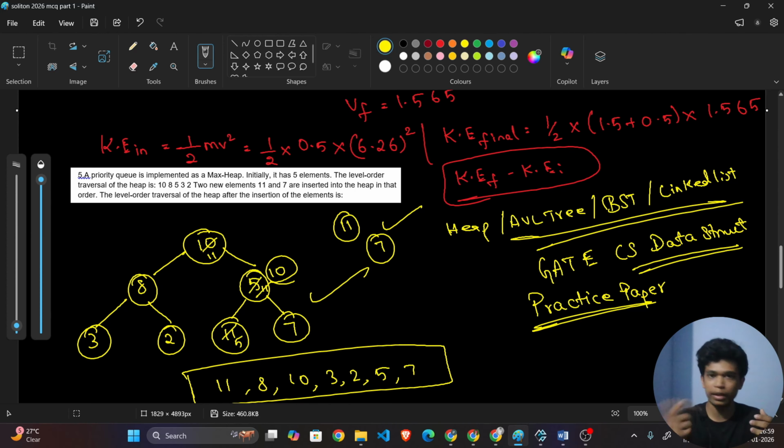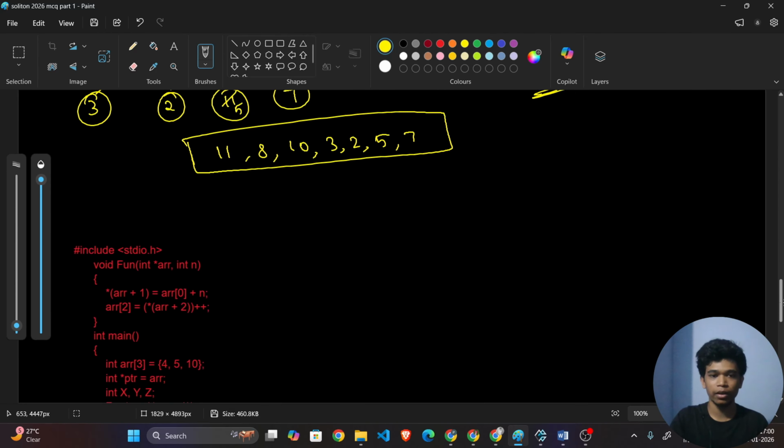I'll give the link in the description, where you can see how we construct the AVL tree, red black tree, binary search tree, binary tree, complete binary tree, and heap, and what algorithms we use. By using that, you can solve these kinds of questions. When it is asked for an AVL tree, you want to balance it also. You learn this in DSA or DAA, around the 3rd semester. So that's the thing. Okay, fine.